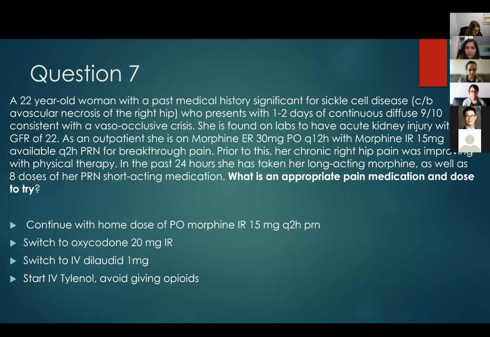As an outpatient, she's on morphine ER 30 milligrams Q12 with morphine IR 15 milligrams Q2 PRN for breakthrough pain. Prior to this, her chronic right hip pain was improving with physical therapy, and in the past 24 hours, she's taken her long-acting morphine, as well as 8 doses of her PRN short-acting medication. What is an appropriate pain medication and dose to try?